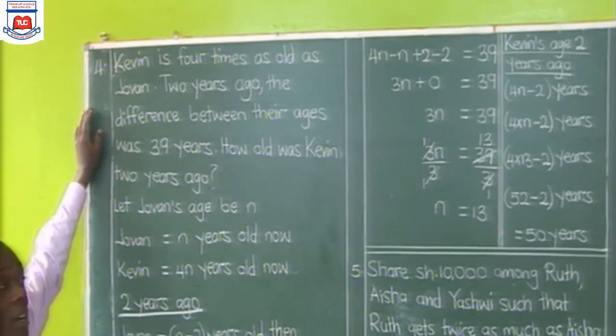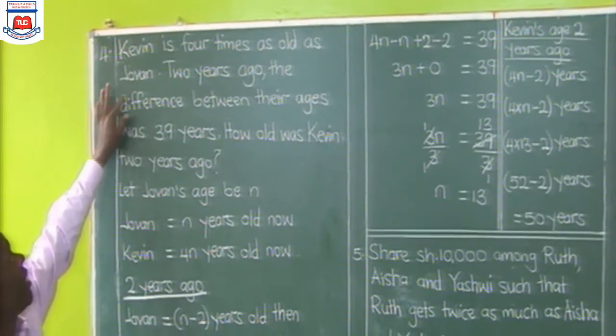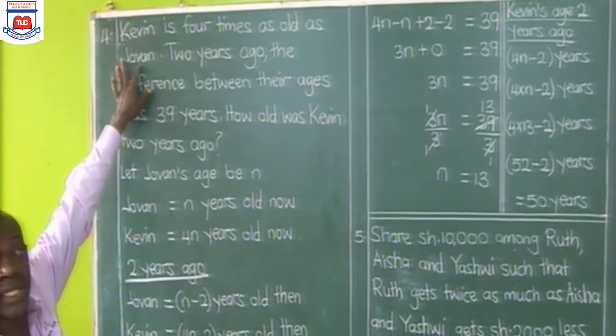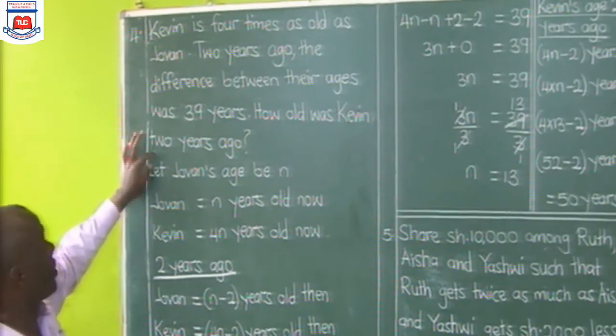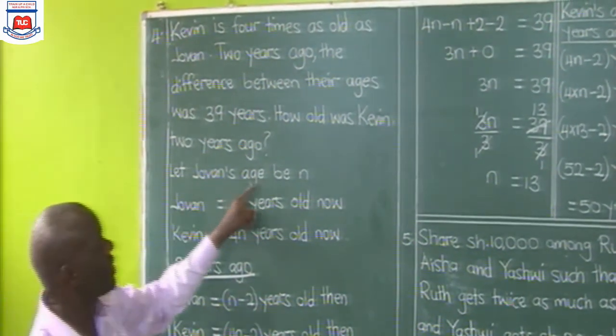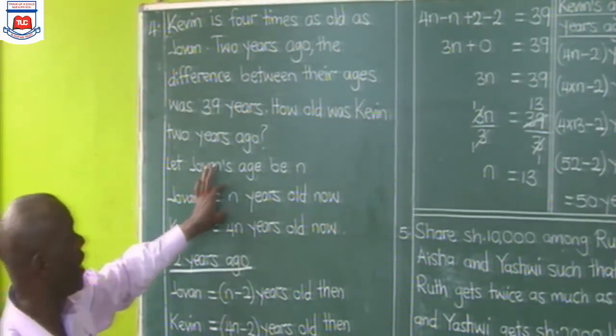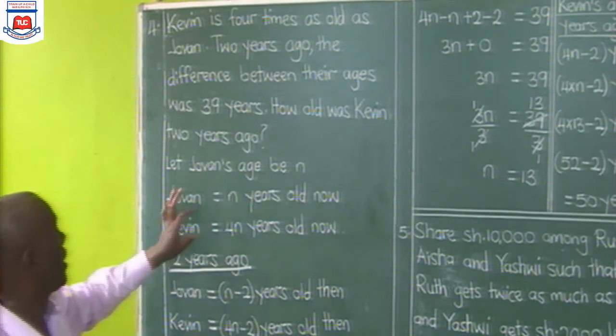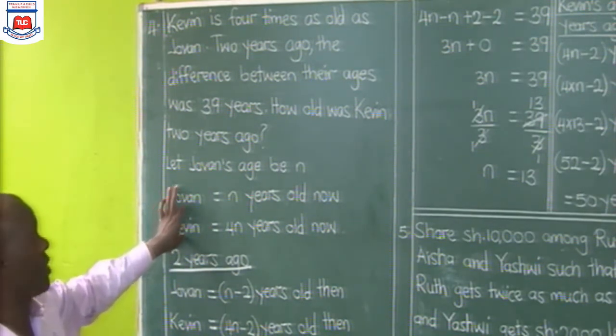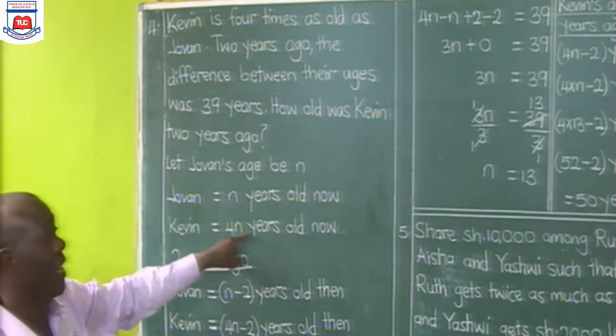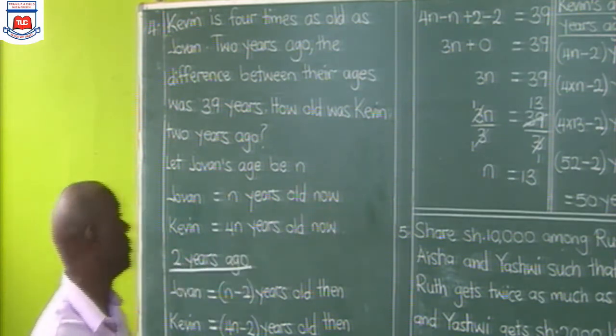We shall find out from the explanation that actually Giovanni is the younger. Thus you say, let Giovanni's age be n, such that when Giovanni is n years old now, Kevin, being 4 times n, is 4n years old now.